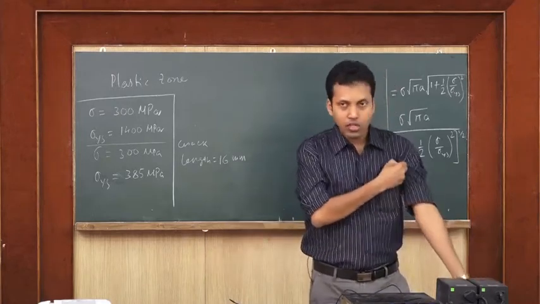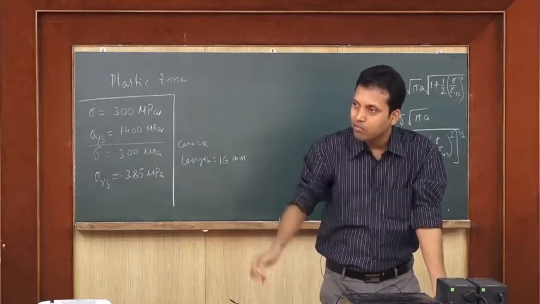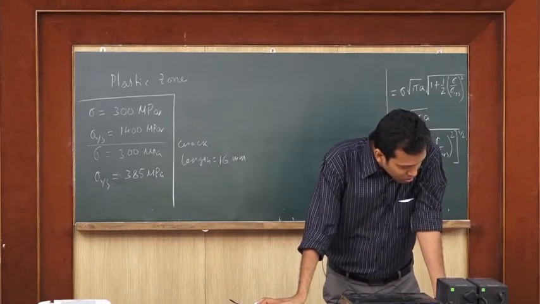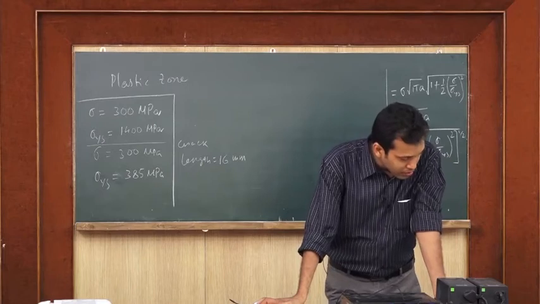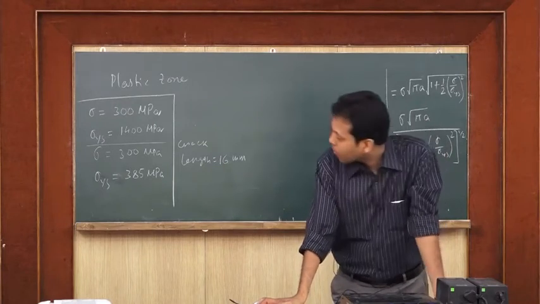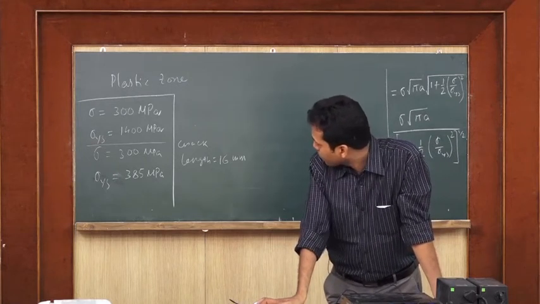Okay. So, in the book you will find it is written in terms of many sentences, that a plate of steel with a central through thickness crack, etc., of length 16 mm, is subjected to a stress of 350. Okay, it is given 350, I have given 300, no problem, you do it, you see how much is the result.